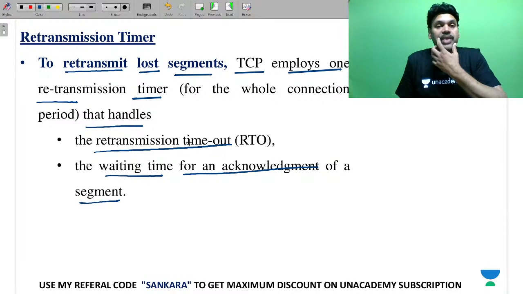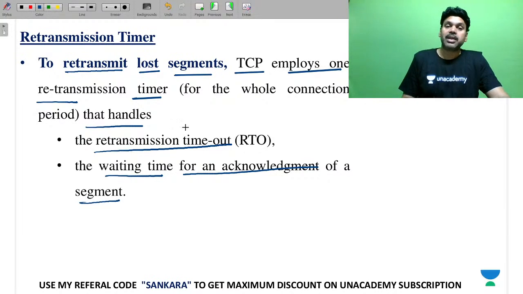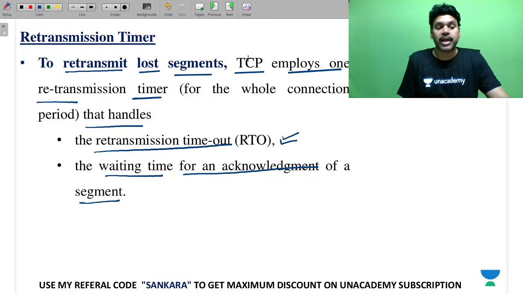If I receive the acknowledgement of a segment, then I can reset or close the timer because it is already acknowledged. But whenever it is not acknowledged, you need to wait for the acknowledgement by taking your retransmission time.